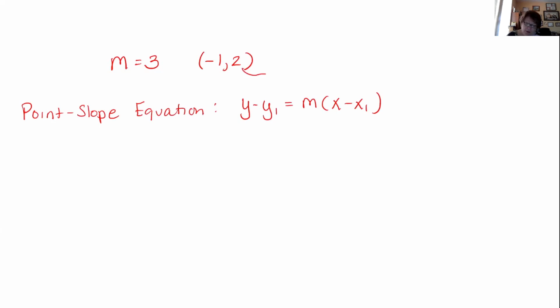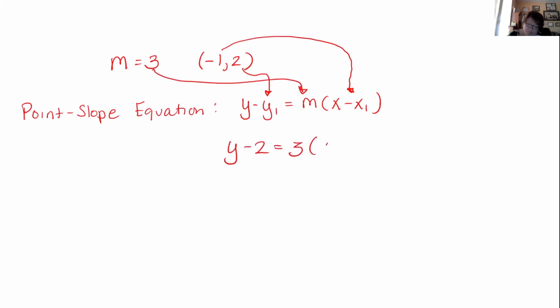So we're going to plug in 2 for y1, -1 for x1, and 3 for the slope, and do very little simplification. We're just going to write that minus a minus 1. We're going to distribute that negative across and get x plus 1. So this is point slope form.